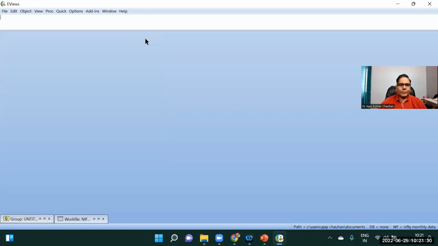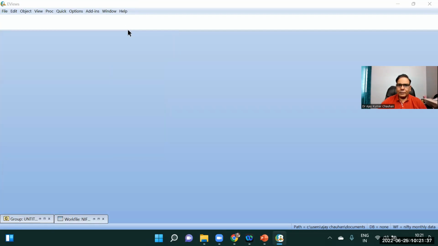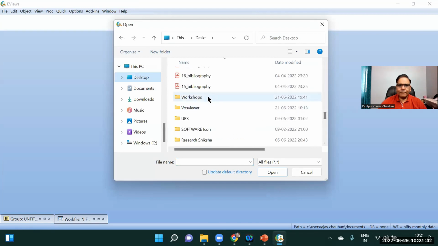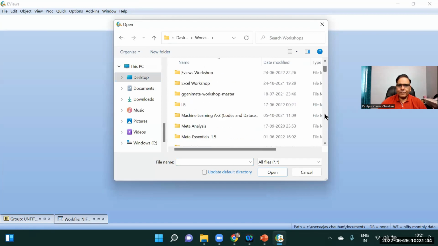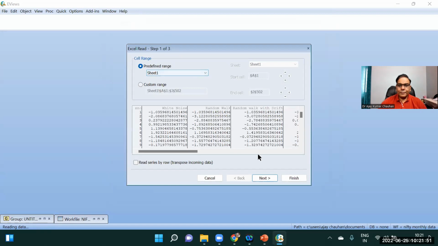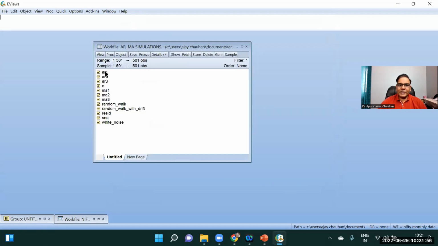So I'm going to open the simulated file. You can see that we have AR1, AR2, AR3, MA1, MA2, MA3.